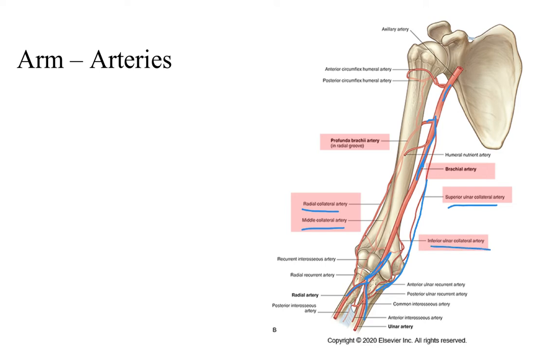And again, notice that these are all going around to this elbow joint, so that's going to be that redundant circulation, those anastomoses, that will supply blood to the distal parts of the arm if any one of the major arteries happen to be compromised, either physiologically, anatomically, or pathologically.